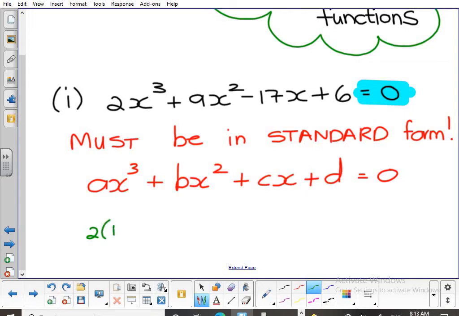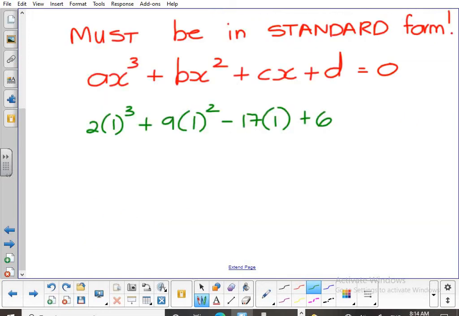So I'm going to have 2 times 1 to the power of 3 plus 9 times 1 squared minus 17 times 1 plus 6. And now you can't say equal to 0 there. You just use the expression part to do the factor theorem. Now I would say that is equal to 0, which indicates to me that x minus 1 is a factor. That's it, the factor theorem. Fantastic.